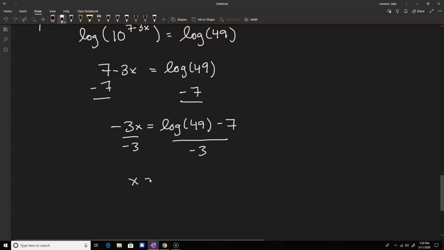So x is equal to the log of 49 minus 7 divided by negative 3. Let's put that in our calculator and approximate to 2 decimal places. And we get about 1.77.